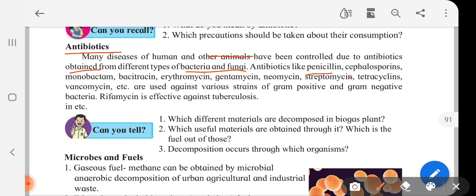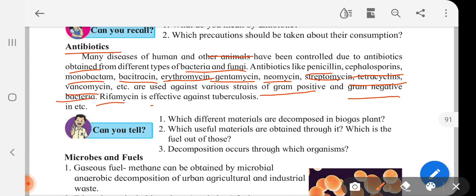Antibiotics like penicillin, cephalosporins, monobactam, bacitracin, erythromycin, gentamicin, neomycin, streptomycin, tetracyclines, vancomycin, etc. are used against various strains of gram-positive and gram-negative bacteria.